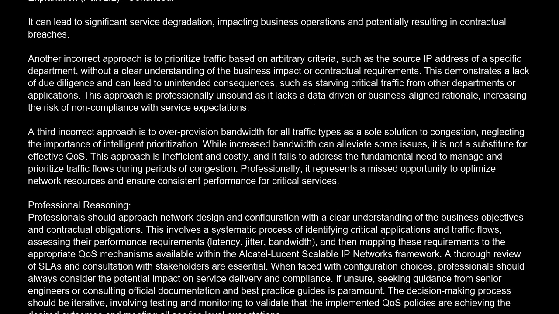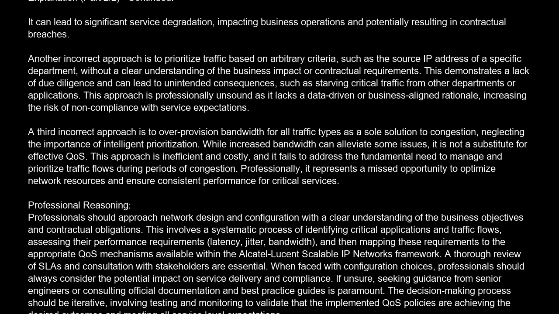It can lead to significant service degradation, impacting business operations and potentially resulting in contractual breaches. Another incorrect approach is to prioritize traffic based on arbitrary criteria, such as the source IP address of a specific department, without a clear understanding of the business impact or contractual requirements.